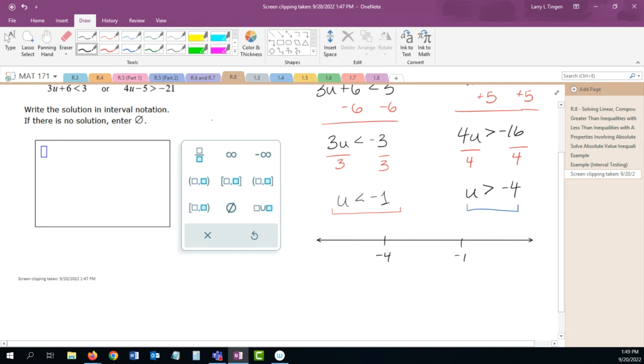There's negative 4, there's negative 1. And for negative 1, I don't include negative 1, so that gets the parenthesis, but I do include everything to the left of it. And then for the greater than negative 4, I don't include the negative 4, so that gets a parenthesis, but I do include everything to the right of it.